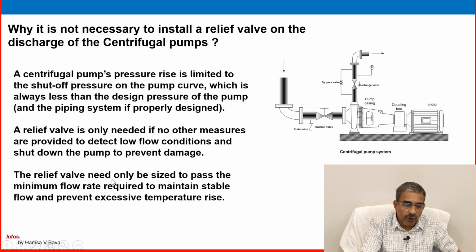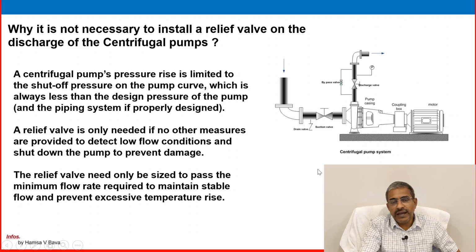The relief valve need only be sized to pass the minimum flow rate required to maintain stable flow and prevent excessive temperature rise. So normally there is no relief valve installed on the discharge side of the centrifugal pump. So these are the important safety aspects for both positive displacement and centrifugal pumps.